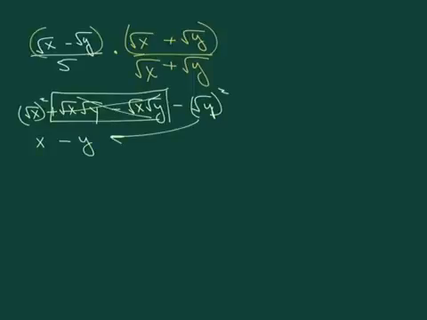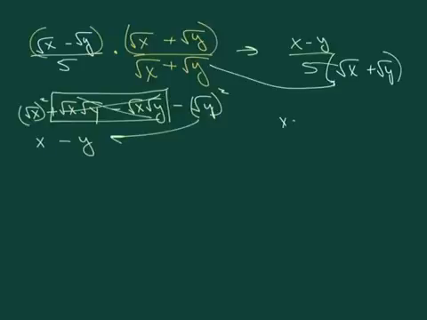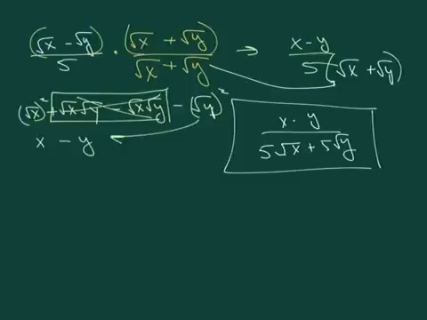So the numerator then changes to x minus y, and the bottom, you have to go ahead and multiply by that there from here. So you get x minus y over that for an answer. X minus y over 5 square root of x plus 5 square root of y.